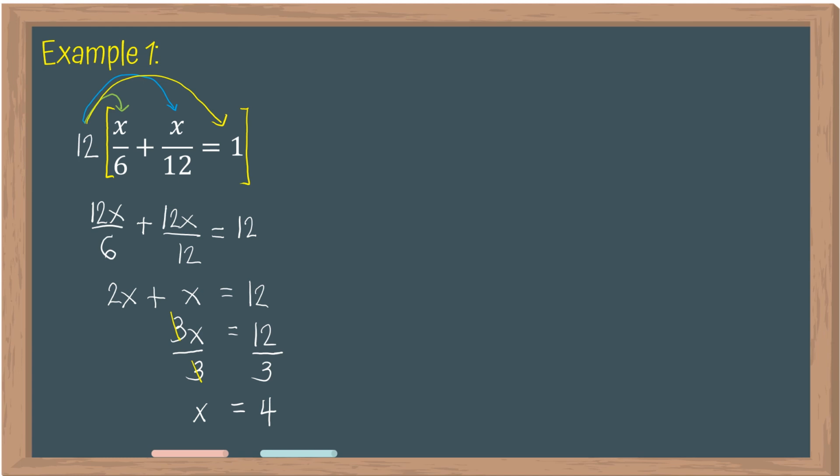So, now that we have a value for x, the next thing that we're going to do is to check our answers. So, paano natin i-check ang ating sagot? So, that is by using the original equation, we're going to substitute the obtained value, which is x is equal to 4, and see if it will satisfy our equation.